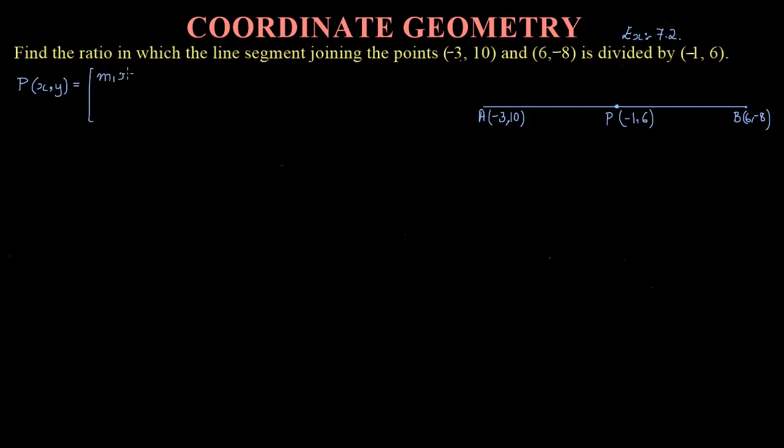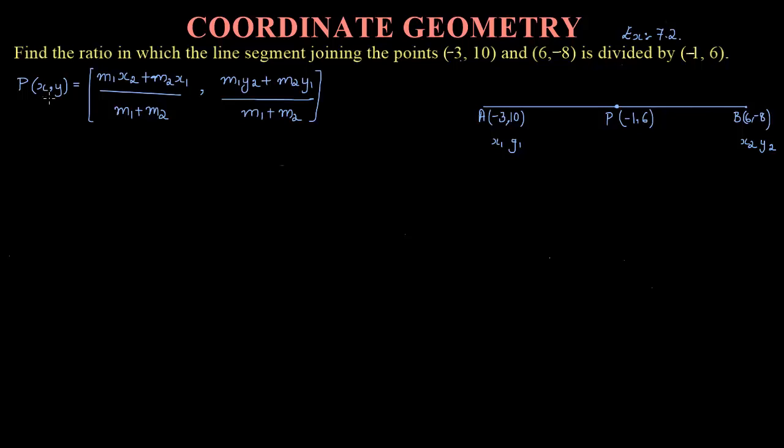(M1 x2 plus M2 x1) divided by (M1 plus M2), right? Then comma, this is for the x coordinate. Now for the y coordinate, again the same thing with y: (M1 y2 plus M2 y1) divided by (M1 plus M2), right? So you can take this one as x1, y1 and let me take this one as x2, y2.